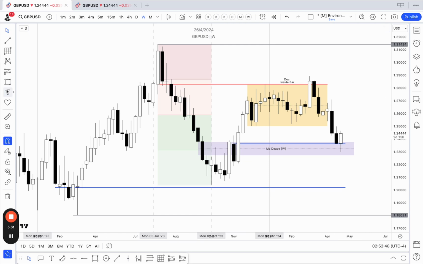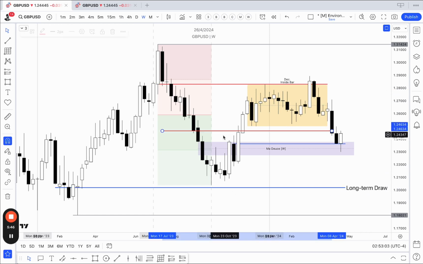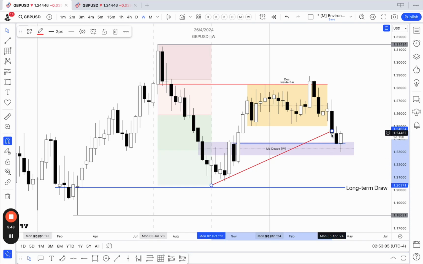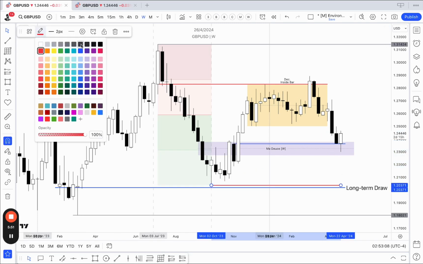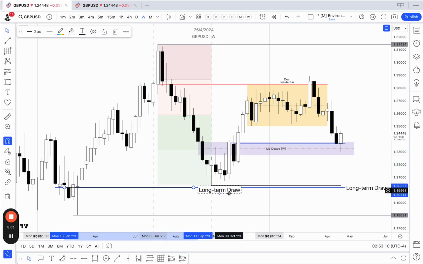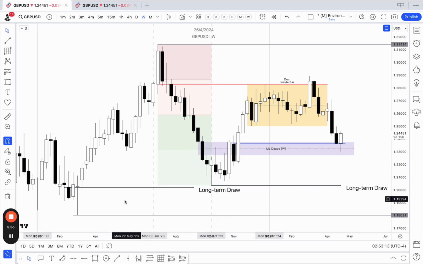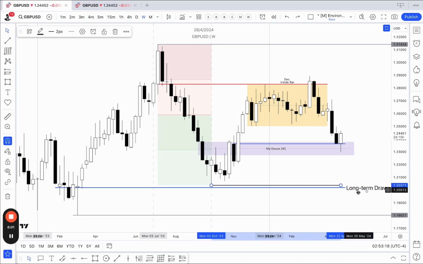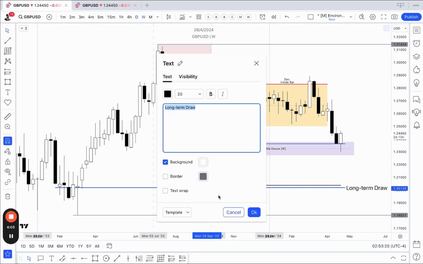Okay, so we have long-term draws on liquidity, which would be the Q4 2023 lows here.